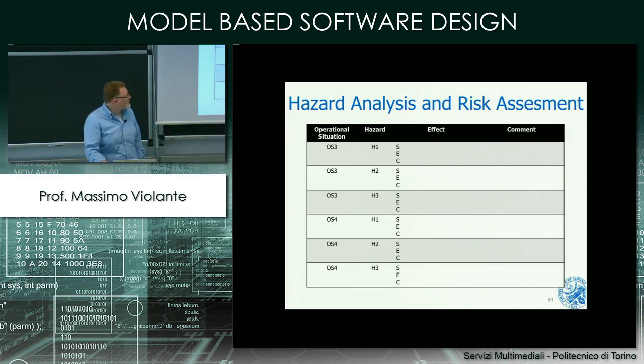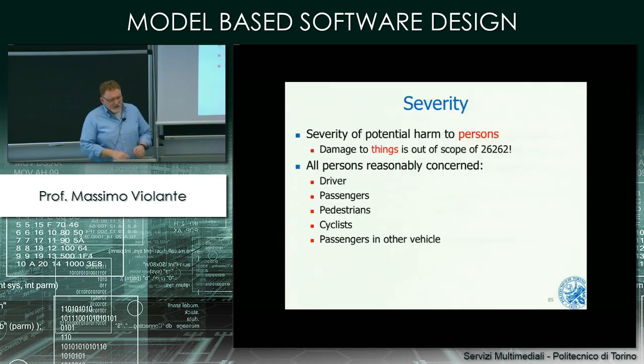Then let's start looking into the severity. The severity is a measure of the potential harm to persons. We don't care if another item is broken as a result of a hazard happening in a certain operational situation.